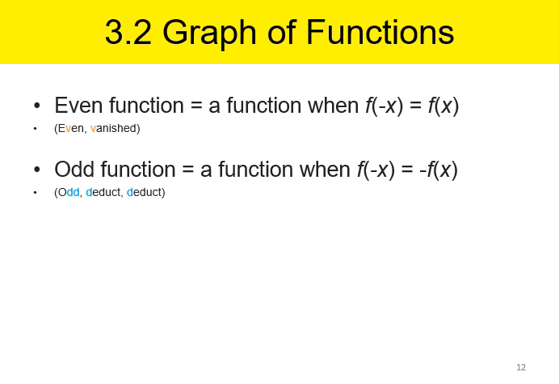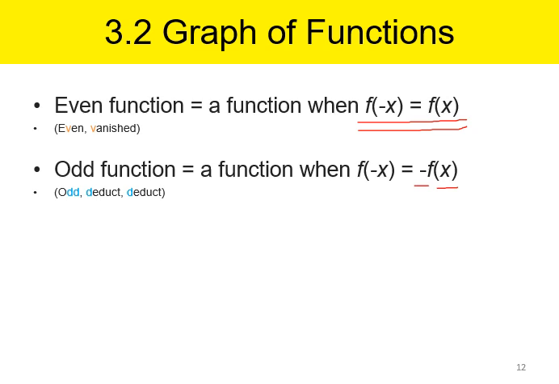An even function is a function that meets this criterion: f with the input negative x produces back the same function, f(x). An odd function is a function where, when we replace the input with a negative x, it produces a negative function.